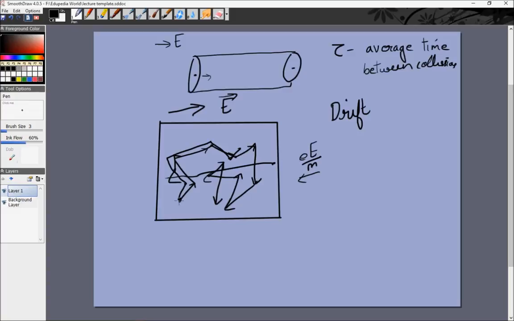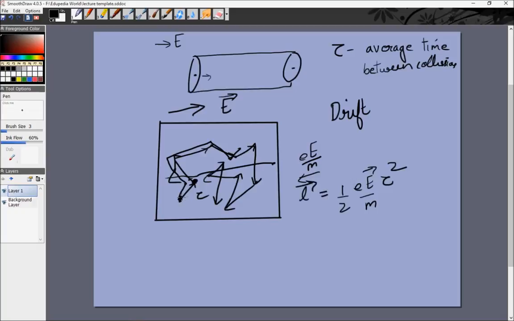So if the time between this collision and this collision is tau, we are assuming tau is the average time, then between these two times it would have moved towards the left a distance equal to half a t square, right? Let's call this L vector.